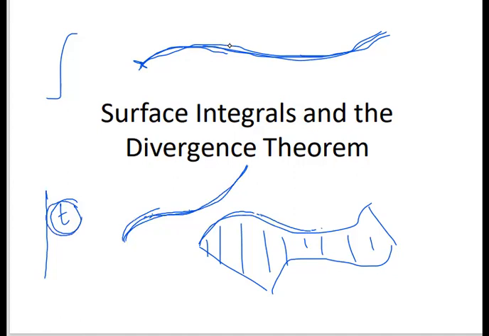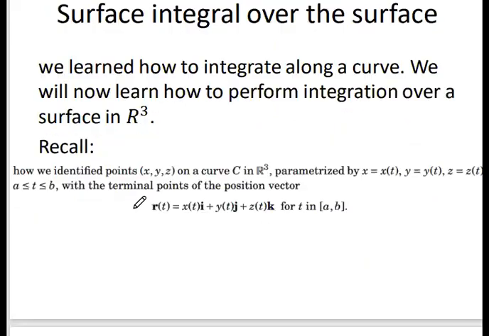If you want to parameterize this surface, how many parameters do you want? If you slice the surface, you get these lines. How many parameters? You need two parameters. Good.